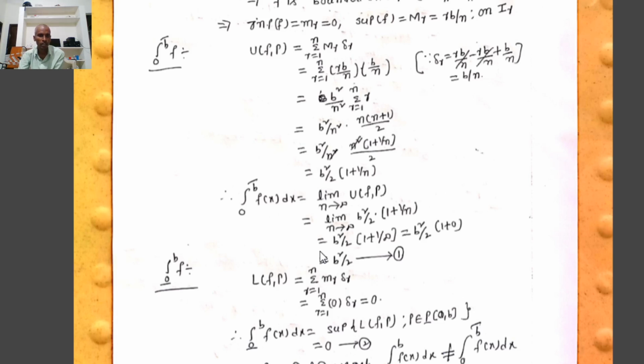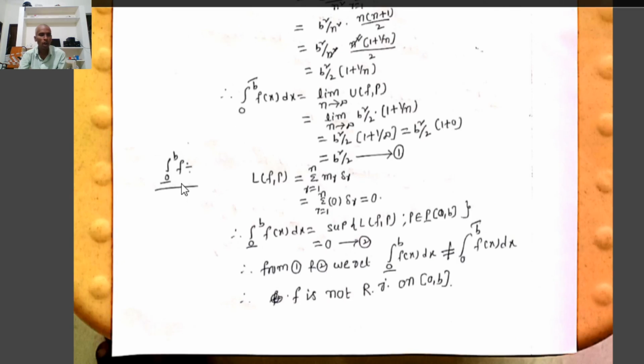Substituting n equal to infinity, b square by 2 into 1 plus 1 by infinity, b square by 2 into 1 plus 0, that equals b square by 2. Therefore the upper Riemann integral from 0 to b of f of x dx equals b square by 2.